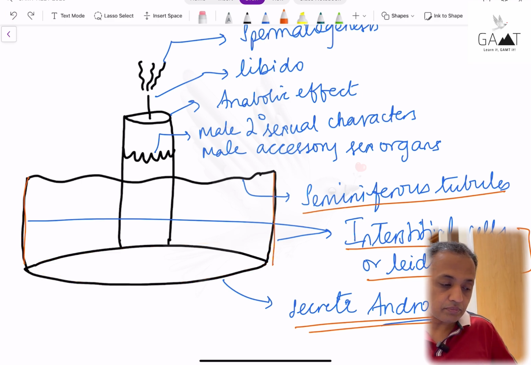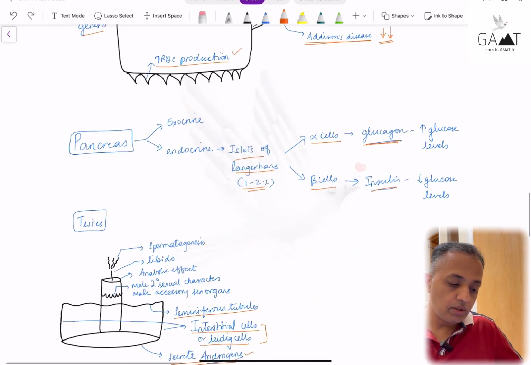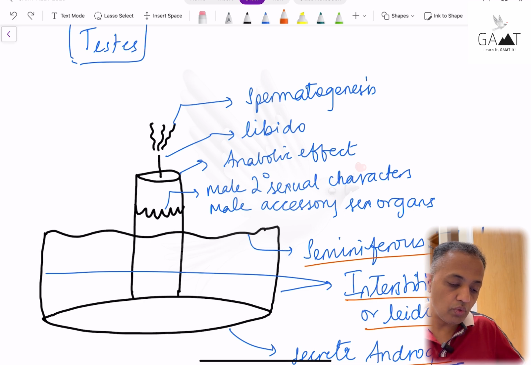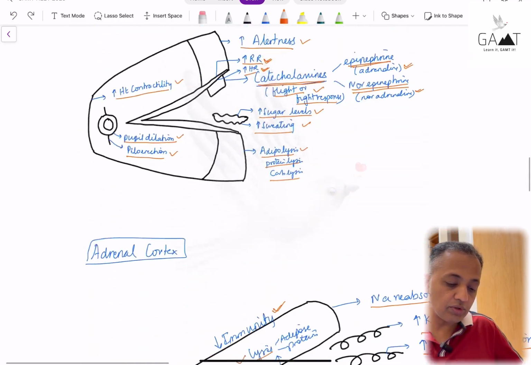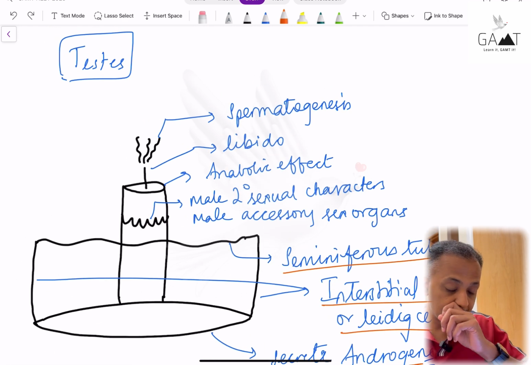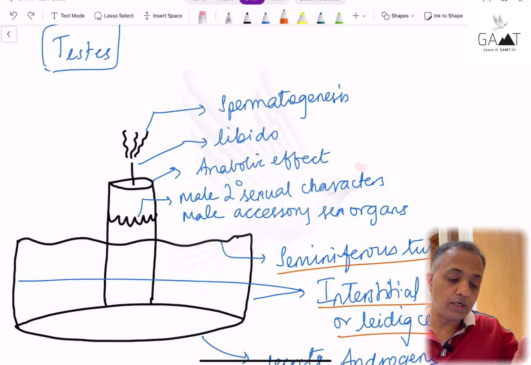Now coming to the candle itself, you see the melted wax here. That stands for the letter M, which stands for the male accessory sex organs and male secondary sexual characteristics, which include facial hair, axillary hair, increase in size of your testis, epididymis, vas deferens, urethra, hoarseness of voice, aggressiveness.